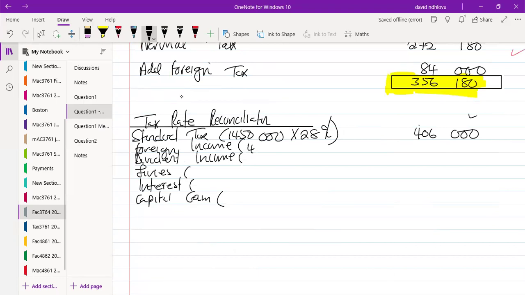So we have 400,000, we have 80,000, we have 6,000, we have 8,000, we have 12,000. Now, these amounts were before taxation. So since this figure has already taken tax into account, we are going to multiply them by 28% to reconcile them appropriately.